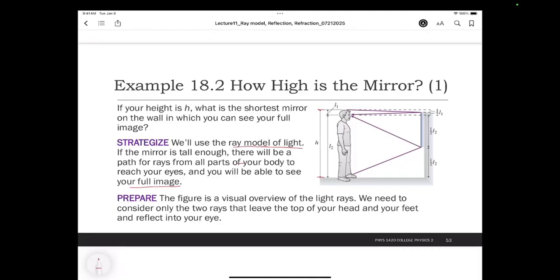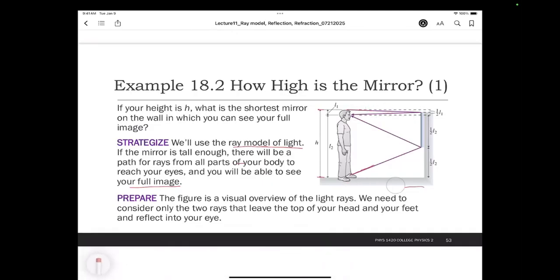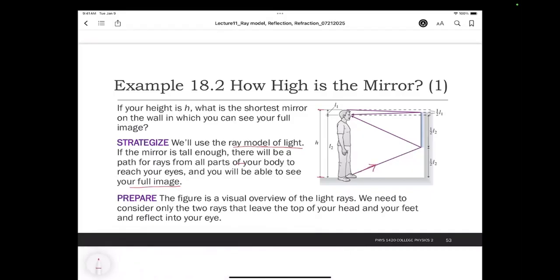This figure is a visual overview of the light rays. Here are the light rays. We need to consider only the two rays that leave the top of your head and your feet and reflect into your eye. This is just to simplify the question. We assume there are only two light rays, this one and the other one.